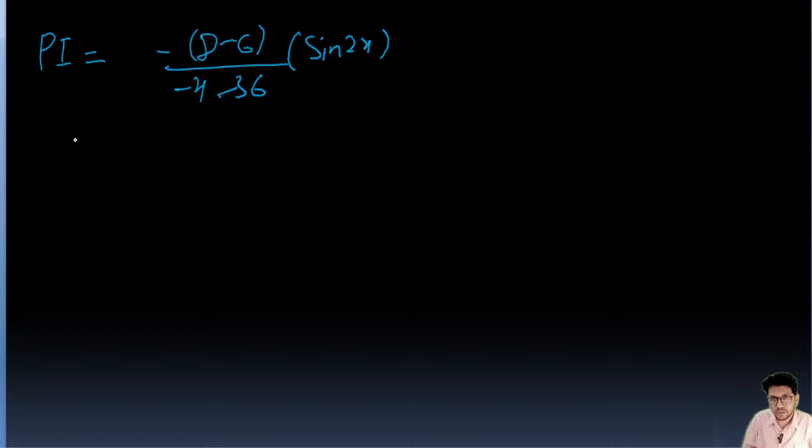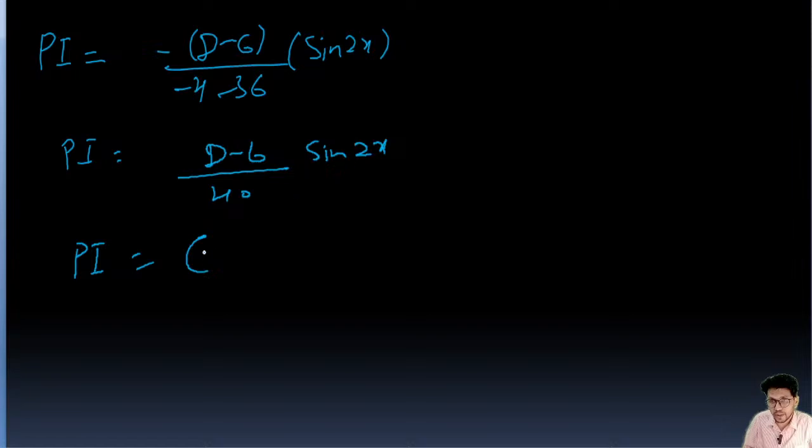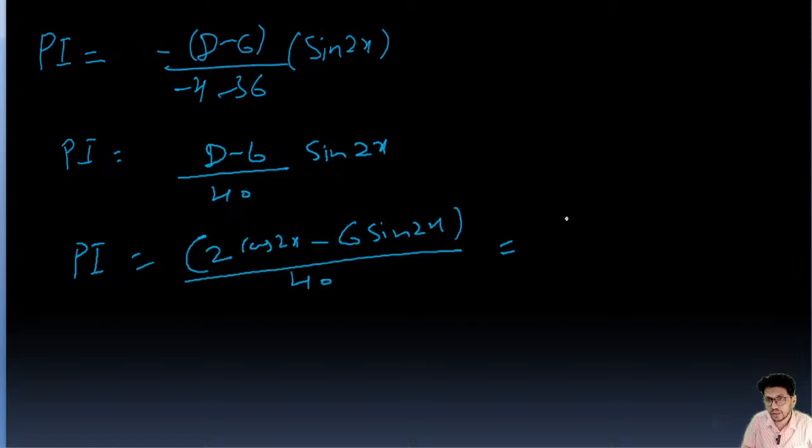The minus minus will cancel, so this is going to be (D minus 6) upon 40 sin 2x. Differentiating sin 2x gives 2 cos 2x; 2 is taken common, and 2 cancels with 40, giving 20.